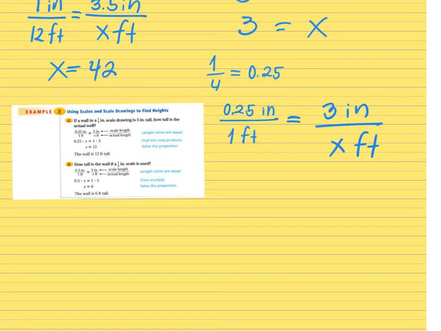If you follow the process, it will give you 0.25 times x equals 1 times 3. Then if you simplify the fraction, x equals 12.